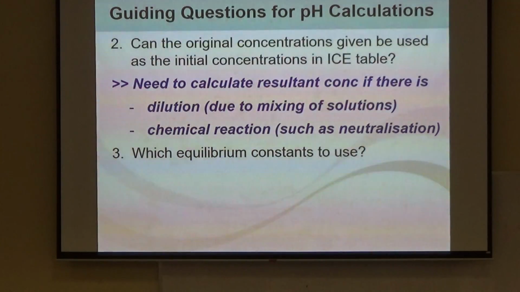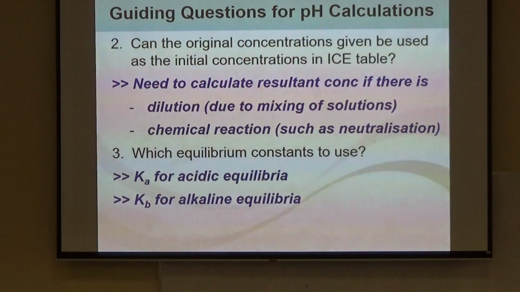Which equilibrium constant should you use? Not so easy for you to figure out sometimes. Basically, if you think that it's going to be acidic and produce H+, you need to find the Ka.